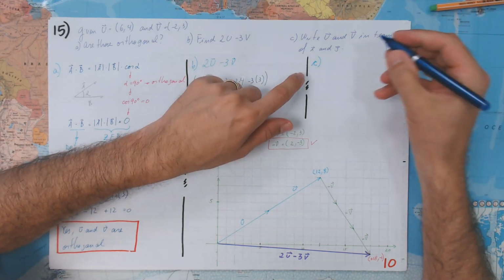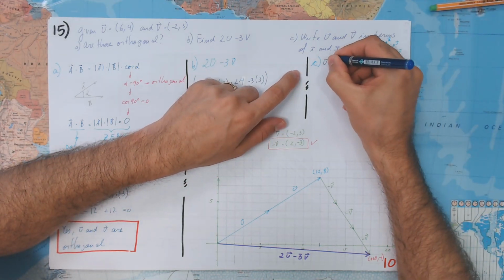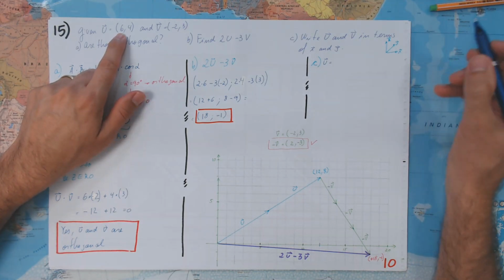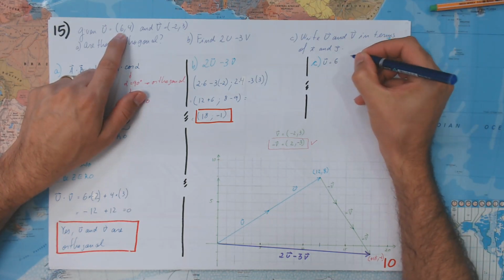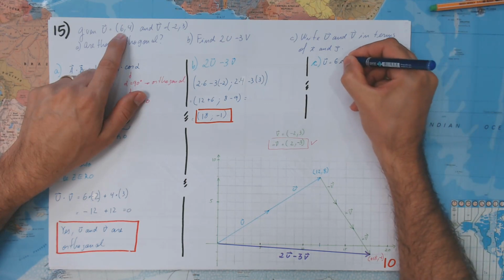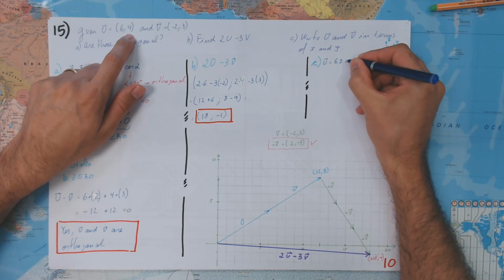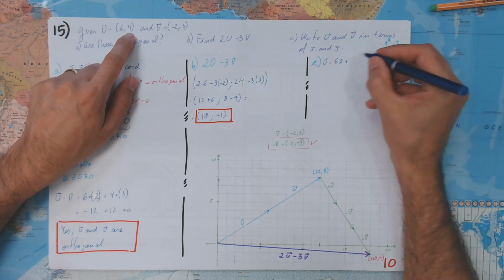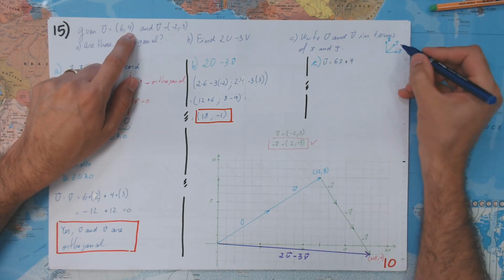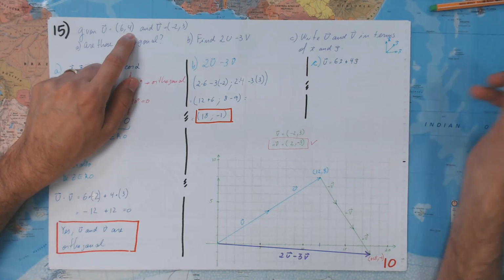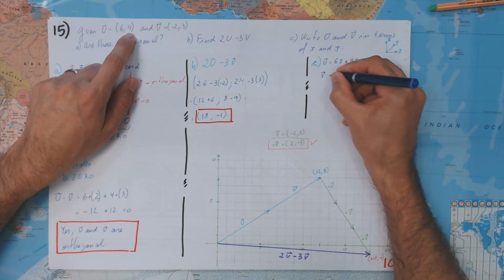Okay, now what is going to be U? The vector U is going to be 6 on the X direction. We're going to write it like this: 6 times the I vector, plus 4 on the Y. The Y is here. This is the notation. And what about V?